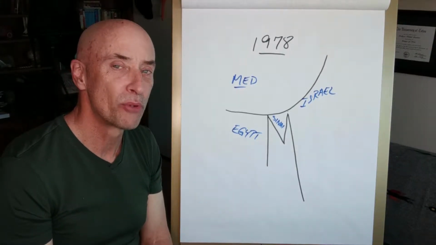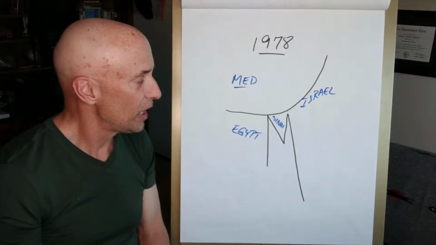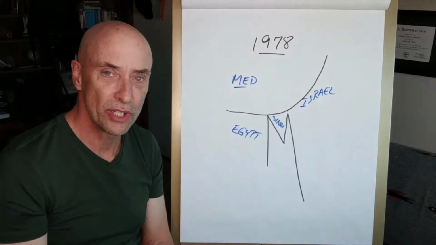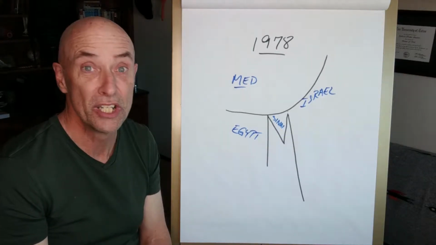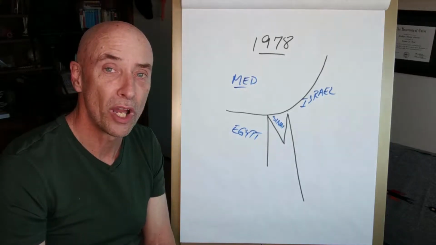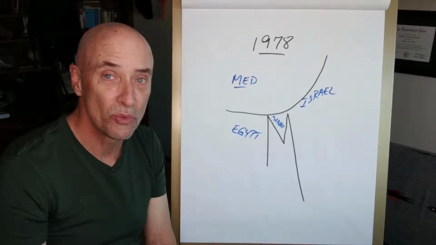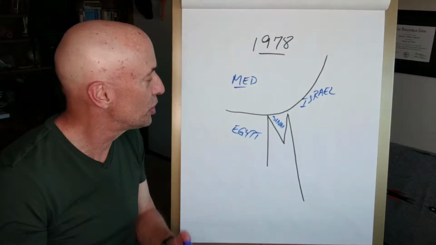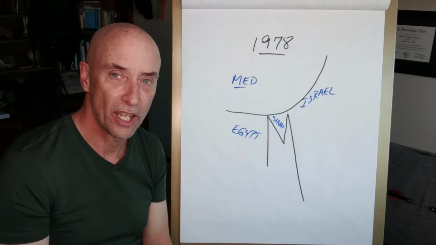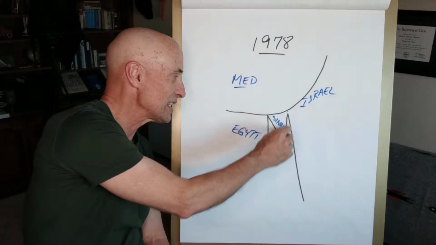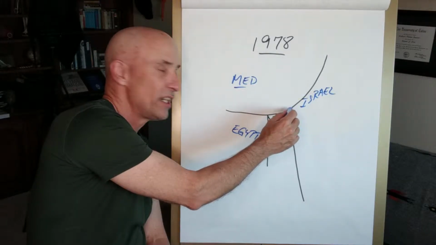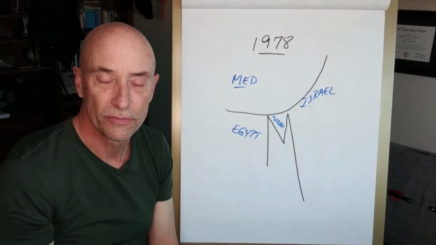And then the Yom Kippur War in 1973. And in both of these, Israel was very nearly overrun. Its question was national security. It could not afford to have Egyptian tanks in the Sinai right next to its border.